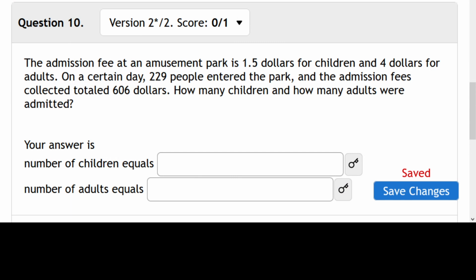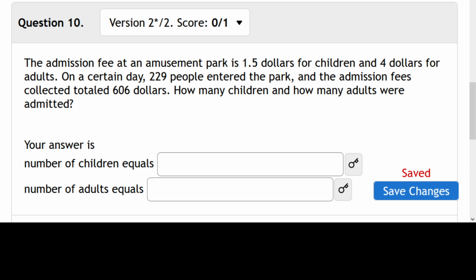It also tells us that they collected a total of $606. So we're talking about the cost here, or how much money was involved, and it totaled, so I know it's going to equal $606. But what am I adding up? I'm adding up the money that they collected for children's tickets and the money that they collected for the adult tickets.